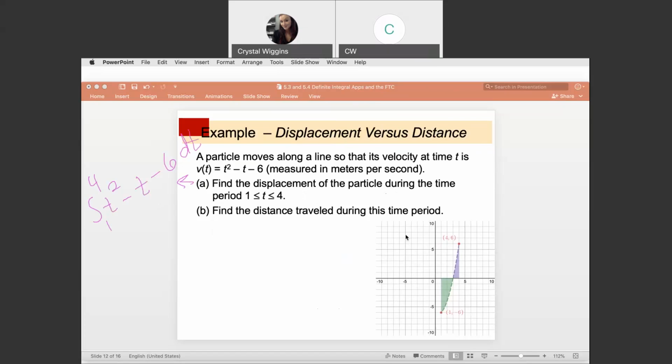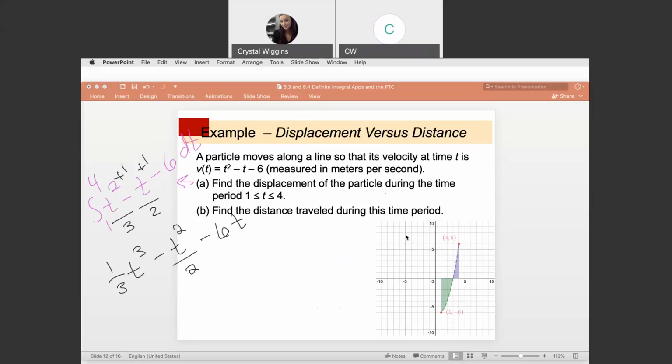So I would add 1 and divide for t squared, so we have 1/3 t cubed. Add 1 and divide for negative t, so we have minus t squared over 2. And add 1 and divide for negative 6, which gives us negative 6t.